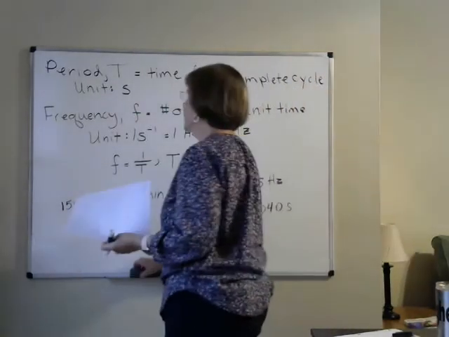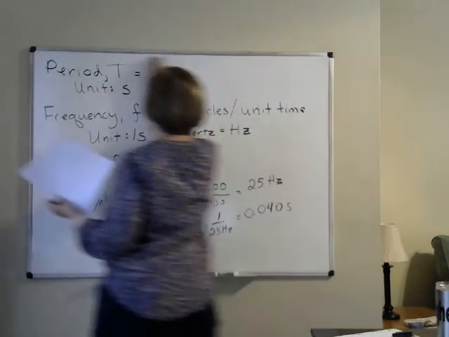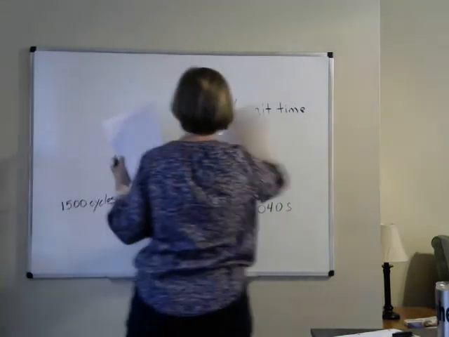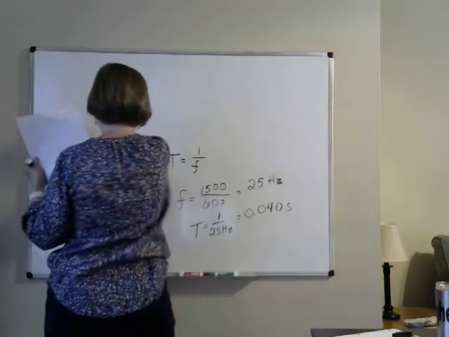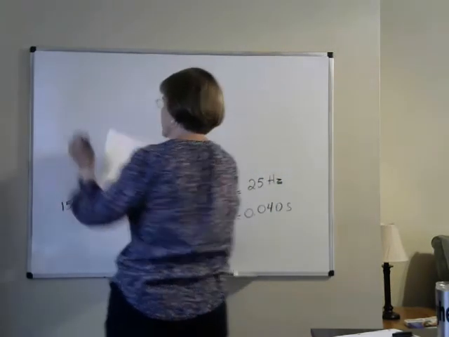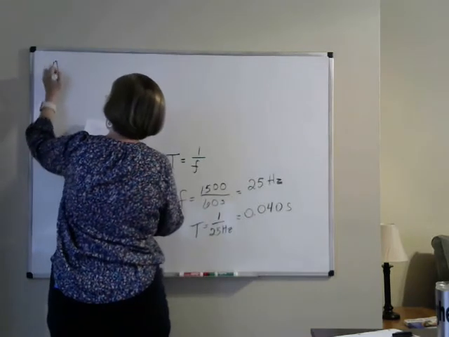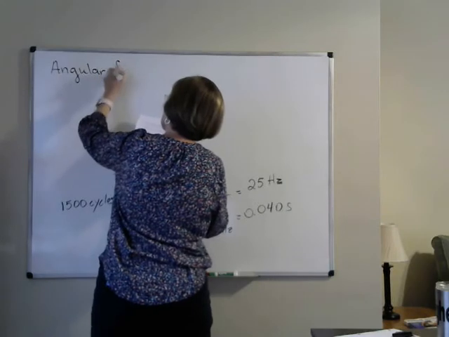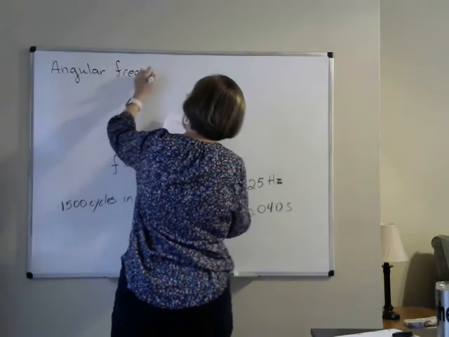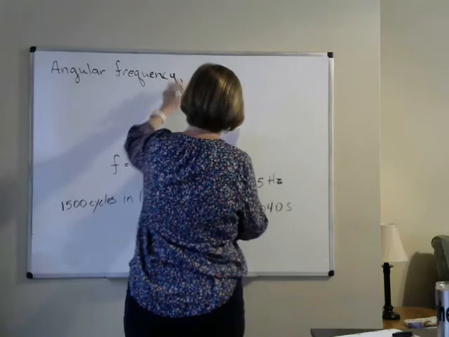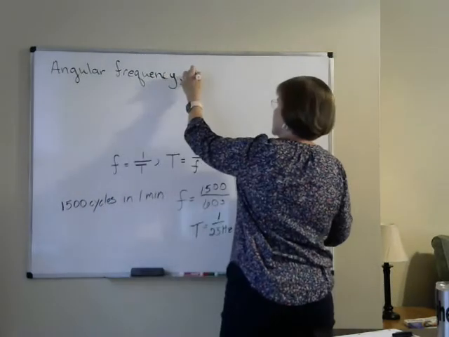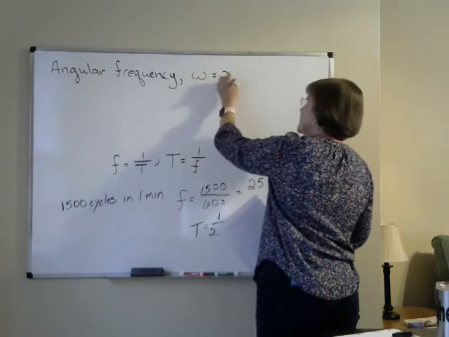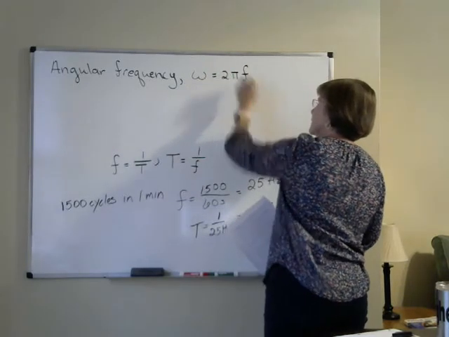There is another quantity that is useful mathematically, and that quantity is called the angular frequency. The symbol for the angular frequency is omega. It's 2 pi f.